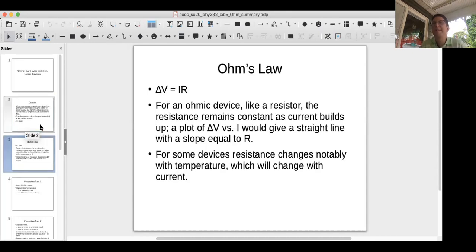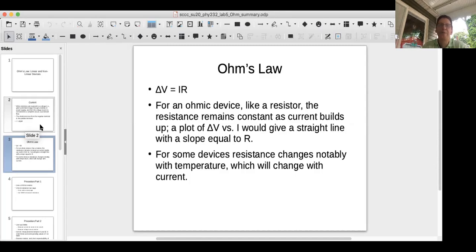But Ohm's law says that if there's a potential difference across a segment of a circuit, that potential difference is equal to the product of the current going through that segment multiplied by the resistance in that segment.